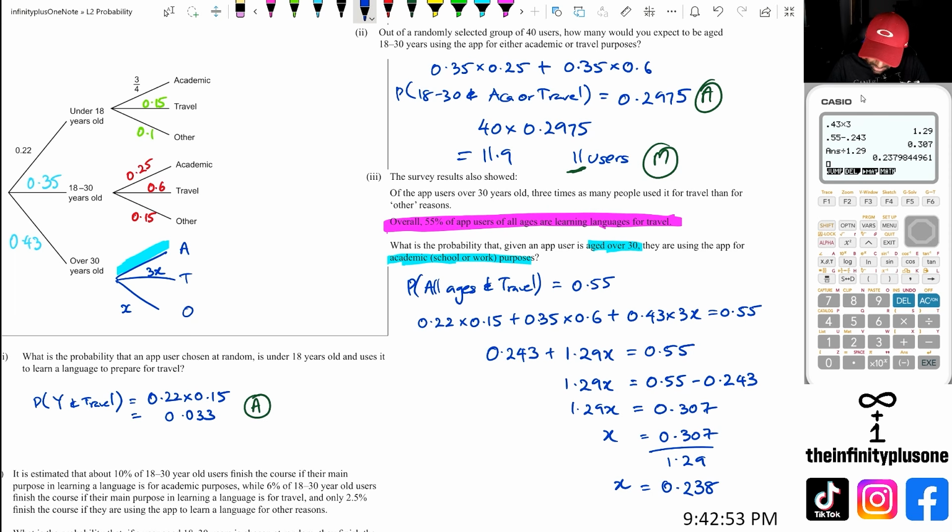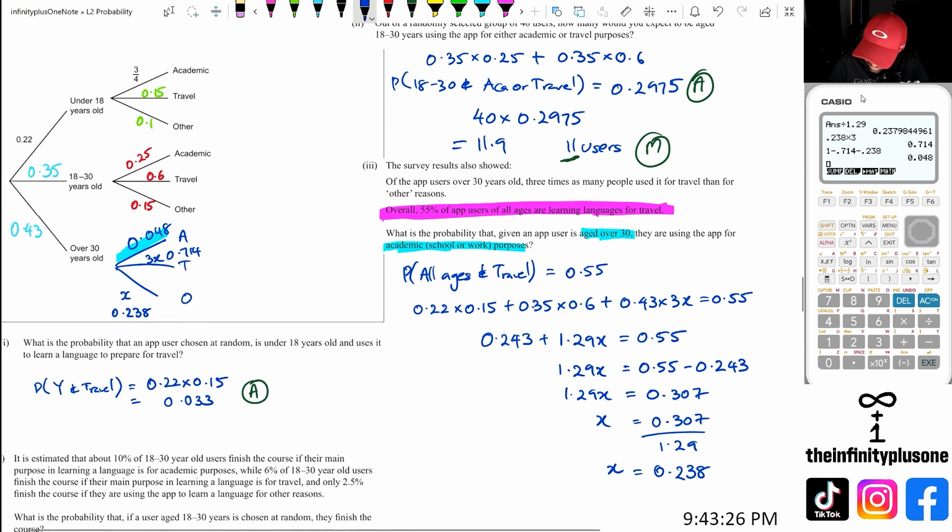Okay, so if x is equal to 0.238, I'm going to go back to the tree diagram. So this x is 0.238. So if I go 0.238 times 3, that's 0.714. Then I can go 1 minus 0.714 minus 0.238. That's going to give me 0.048.